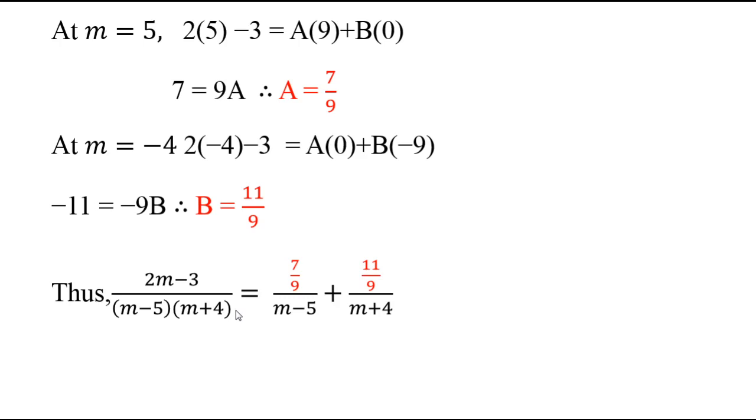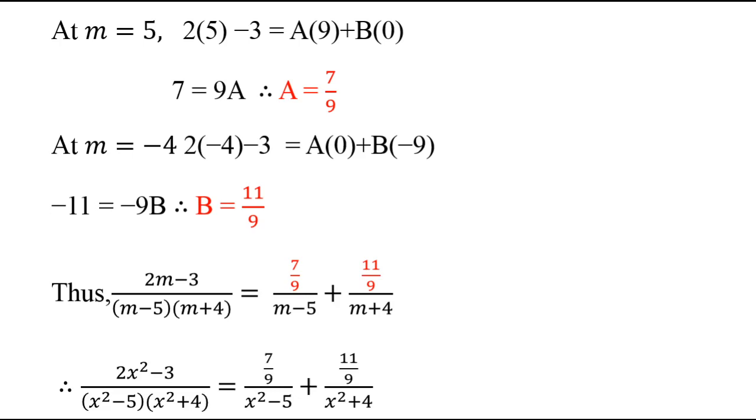Now finally I will replace m by x square, and our original integrand becomes 7 by 9 upon x square minus 5 plus 11 by 9 upon x square plus 4. Now we integrate both sides of this equation, and integrating them we get this.